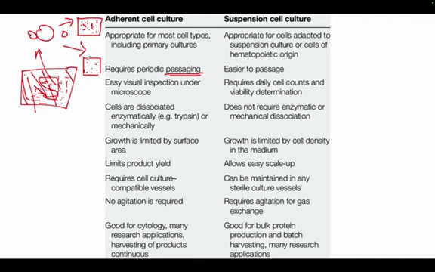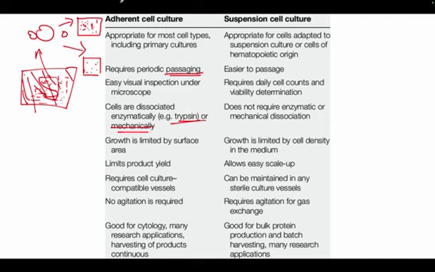And for that, we have to get them to detach from the surface. And that can be done either by an enzyme, such as trypsin, or mechanically, which means we can scrape it away from the surface. Okay? Trypsin is basically going to digest all the adhesion molecules that were produced by the cells that have adhered to the surface.